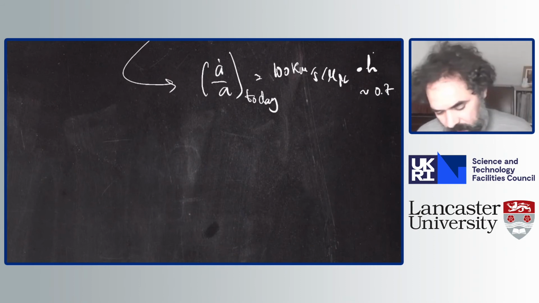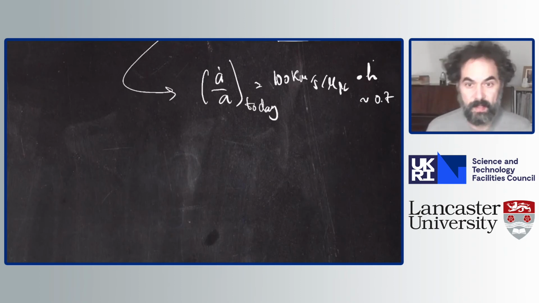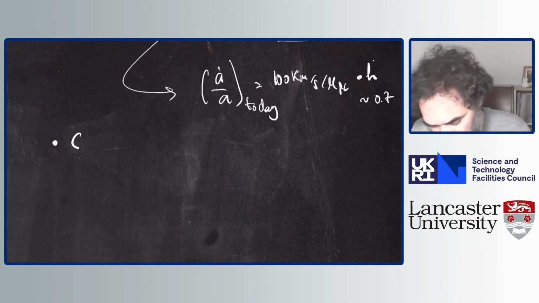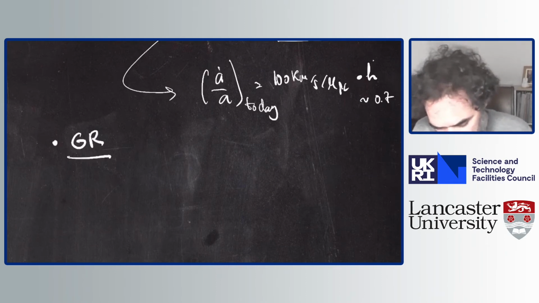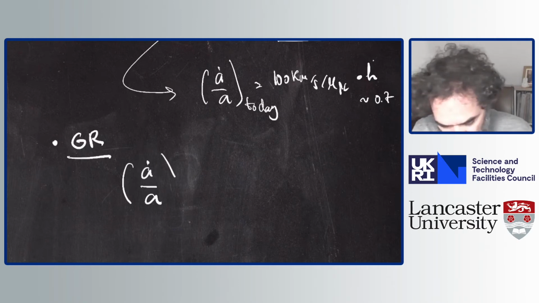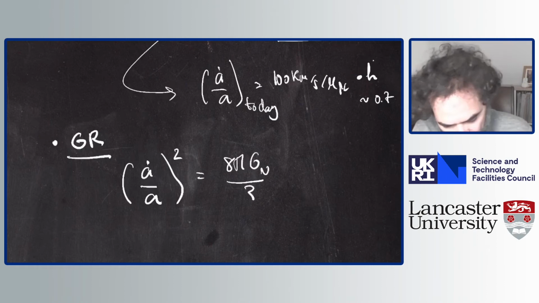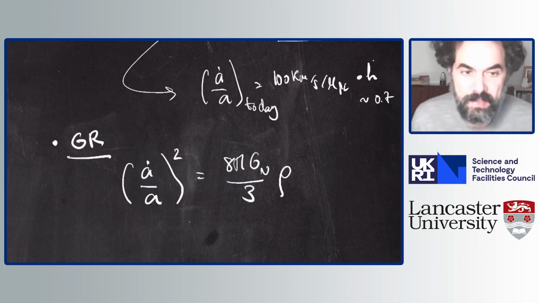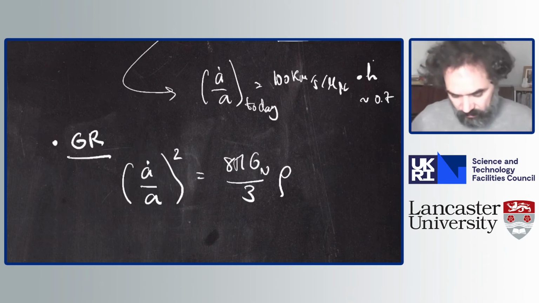All right, so what determines this expansion rate in the universe? This is the only place where you have to use general relativity, to write this law, which is called the Friedman Equation, and that relates the expansion rate of the universe to the total amount of energy density in the universe.